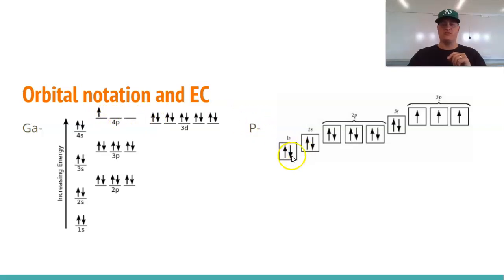We see this a little easier in phosphorus. 1s2, 2s2, 2p6, 3s2, 3p3, and each of these will be individual before they're paired up. This is because electrons want to repel against each other, so they're going to be in their own space before they're forced into an orbital with another electron.